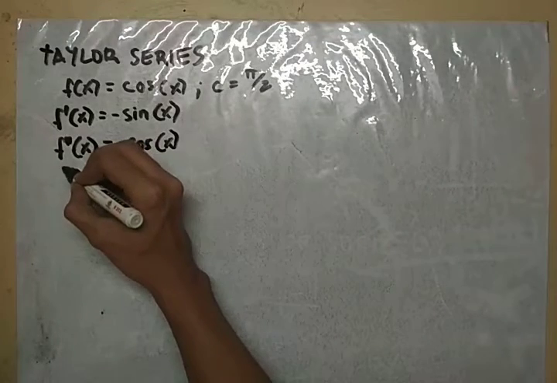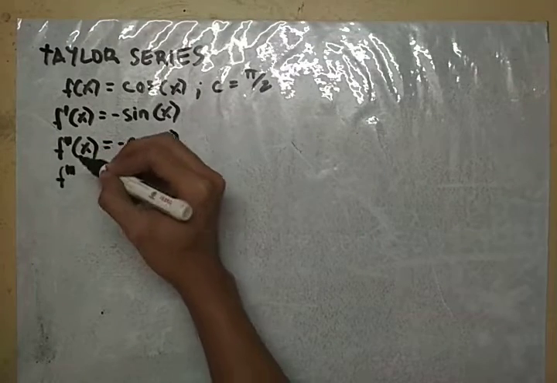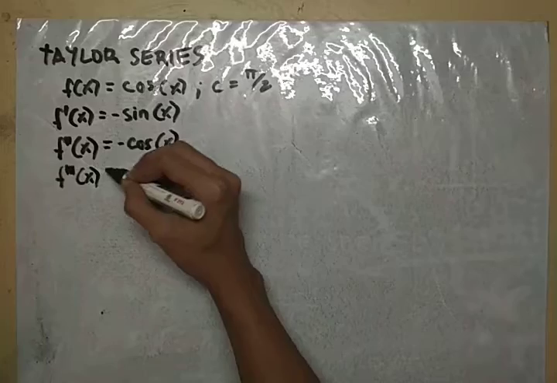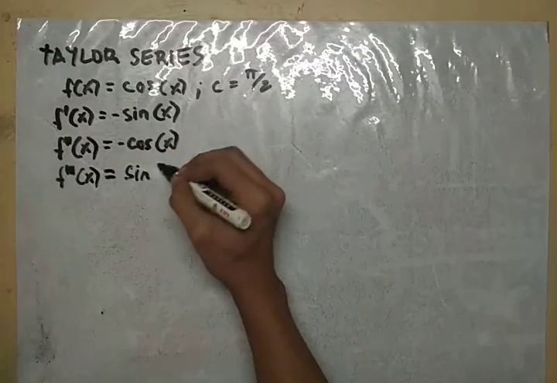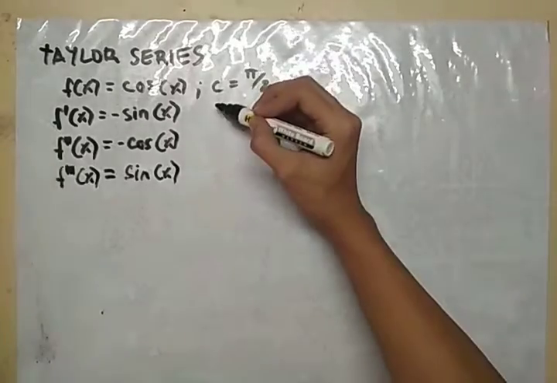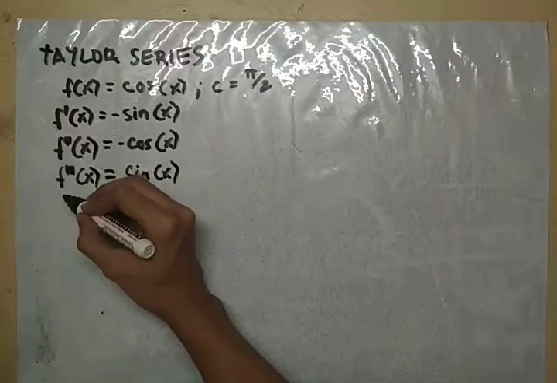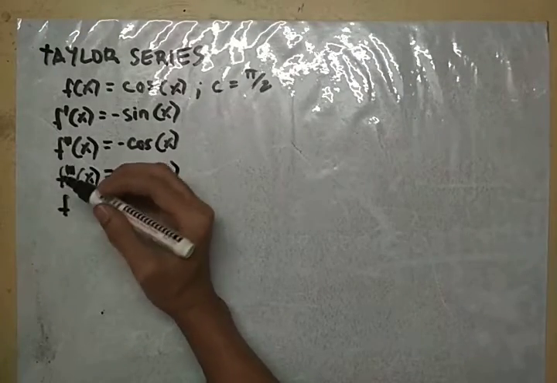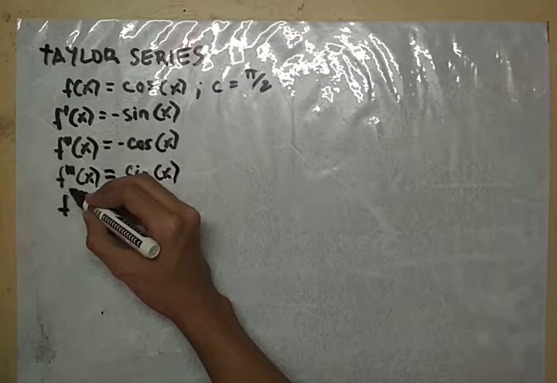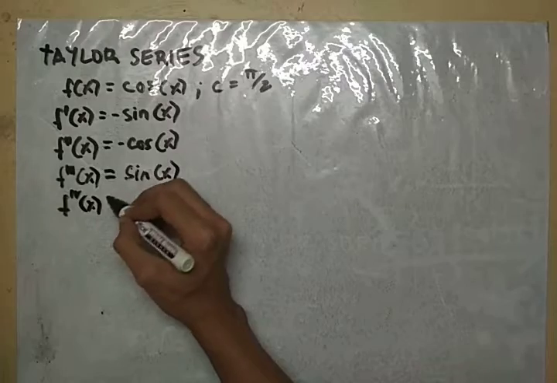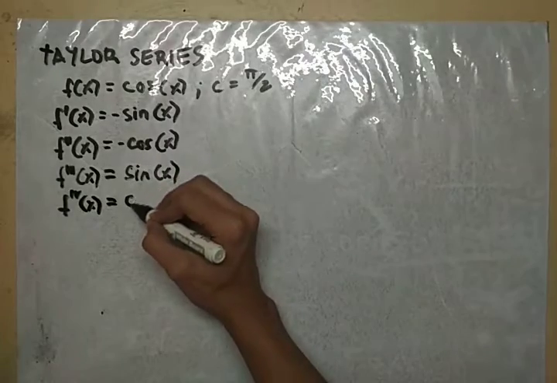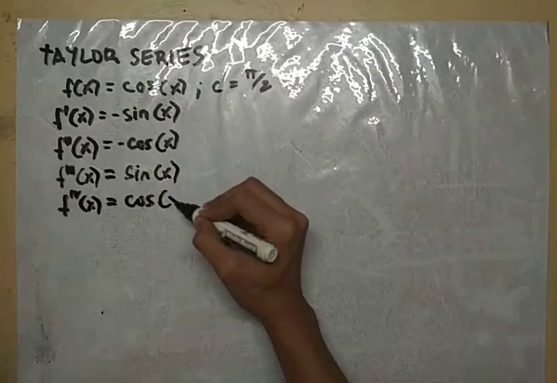Next, we have f triple prime of x is equal to sine of x. Then, for its fourth derivative, we have cosine x.